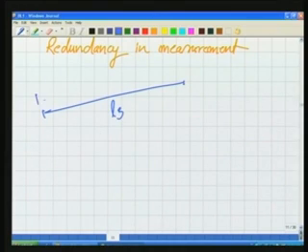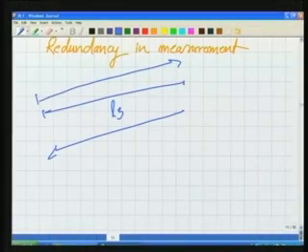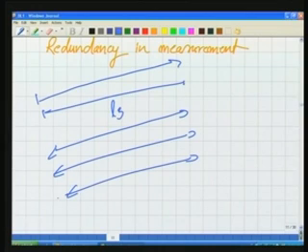You measure this length from here to here, the first time, the second time maybe from this way, maybe a third time, a fourth time. So what you are doing is taking a number of measurements for the same length. Why? Because maybe one of the measurements is wrong.